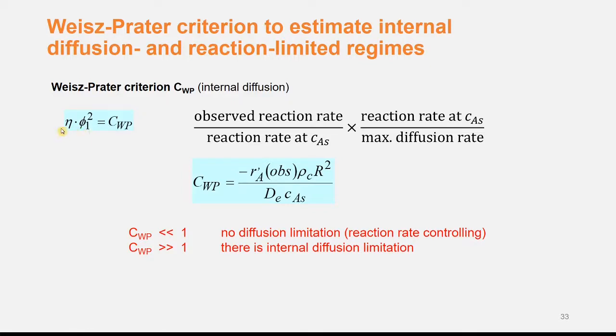Since eta is the observed reaction rate divided by the surface reaction rate, and phi_1 squared is the surface reaction rate divided by the maximum diffusion rate, the Weisz-Prater criterion therefore represents the overall reaction rate divided by the maximum diffusion rate.